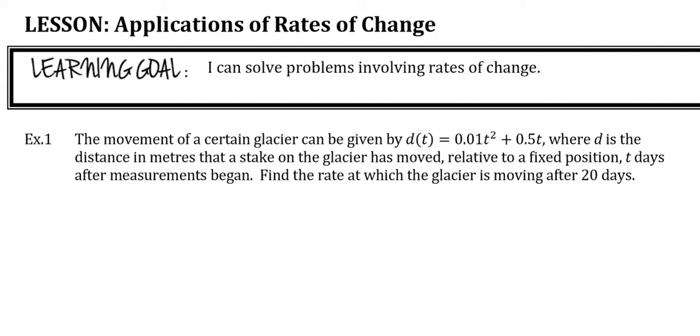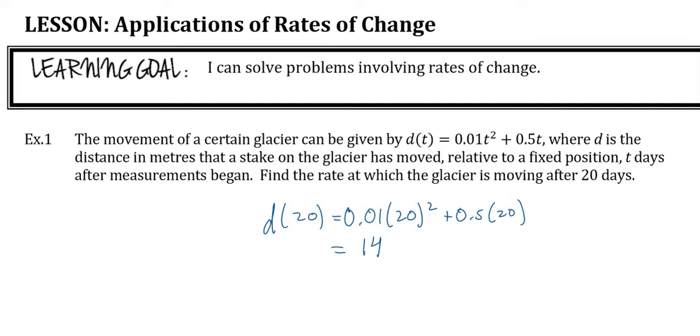So for example, let's find d at 20. That's 0.01 times 20 squared plus 0.5 times 20. So it looks like 4 plus 10, so 14.